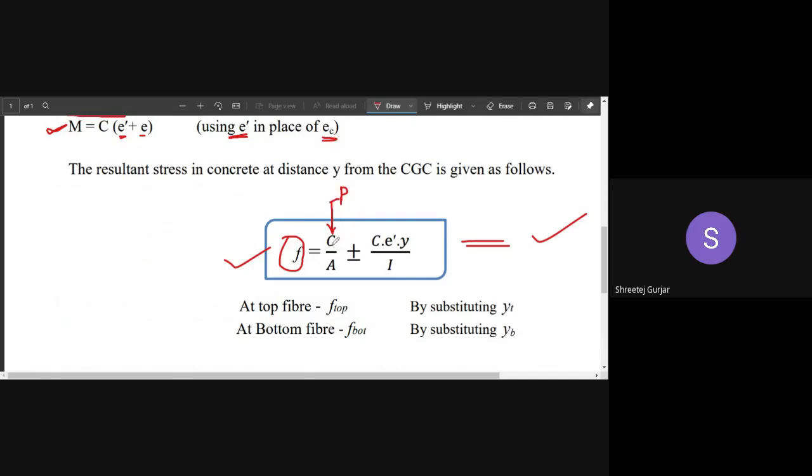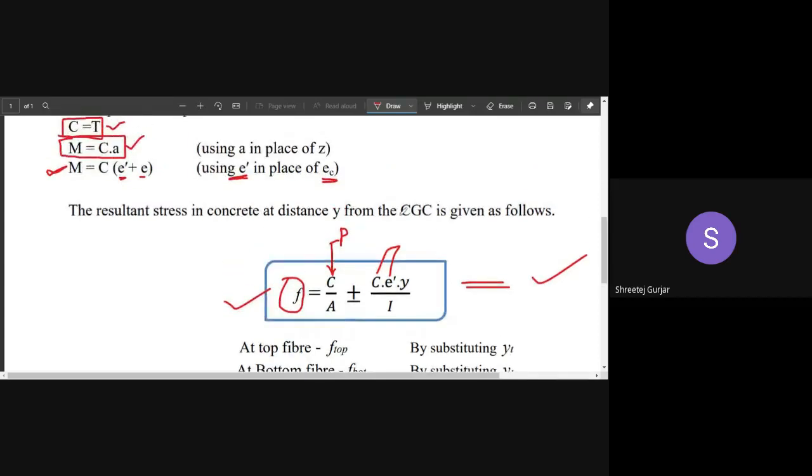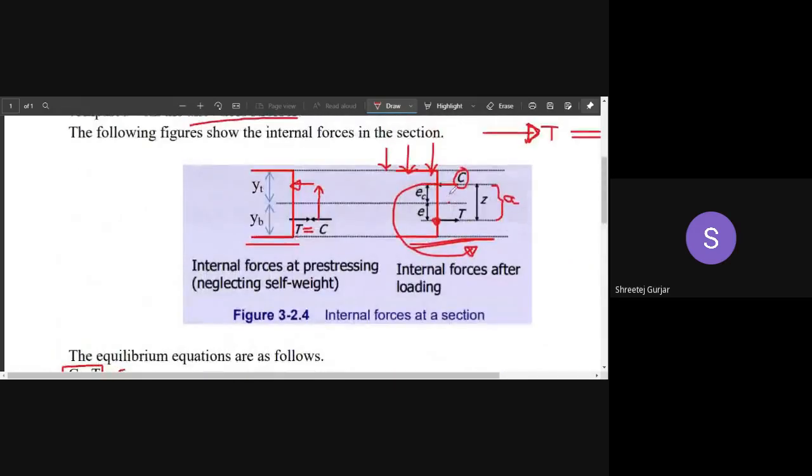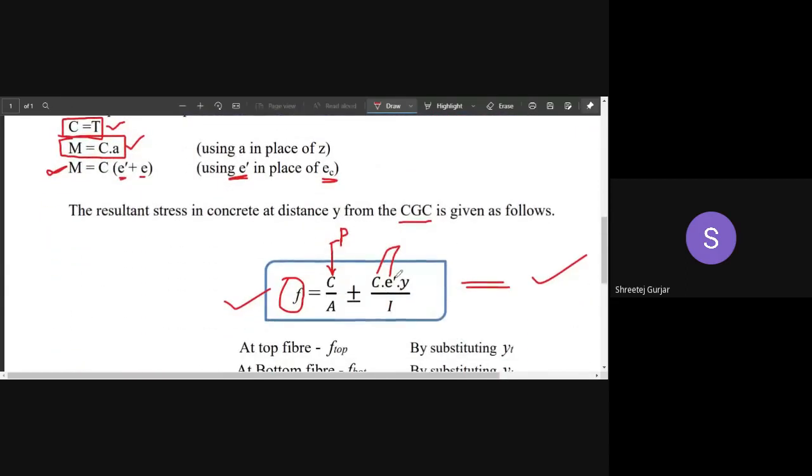So A is the cross section of your beam, and this is the moment that is generated because of your C value, C into E dash. At the CGC, we are calculating all the stresses. So this C is located at a distance of EC. So the moment generated at CGC will be this force into the perpendicular distance. That is what you have written here.